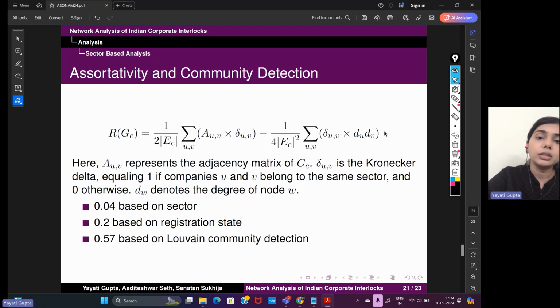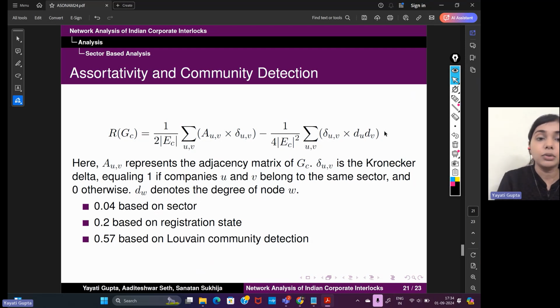For further analysis, we also tried to see what exactly is the sector-based assortativity of the network. Since the connections are not based on sectors, this number is very low, only 0.04. We also computed the assortativity based on registration state, which is also low, 0.2. However, this doesn't mean that there isn't a community structure in the network.